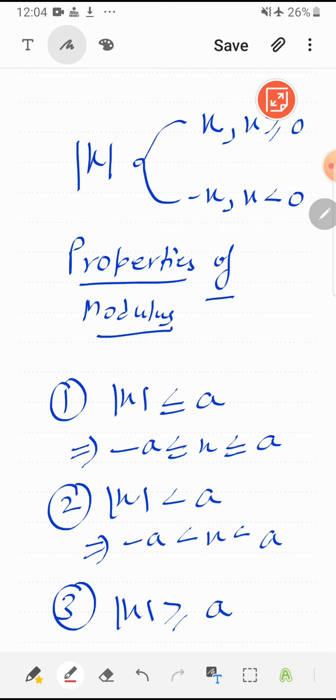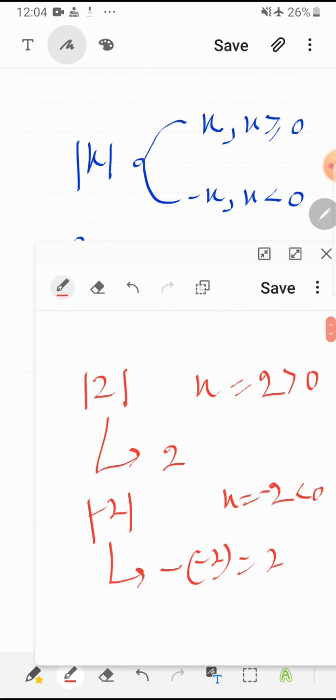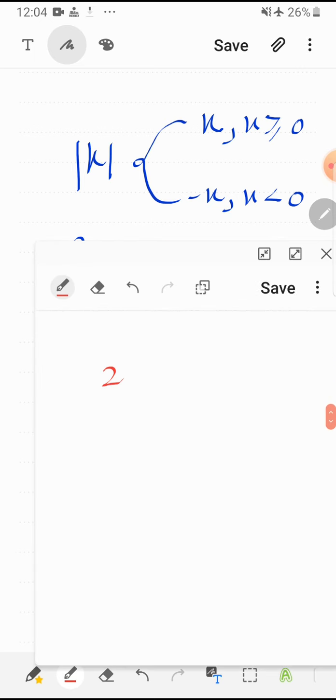Now properties of modulus. Now the inequality when mod x is less than or equal to a, so it means like mod x is less than or equal to 7. Now simply we can see that if mod x is less than or equal to 7, that means x can't be greater than 7, x can't be 8, x can't be 9.